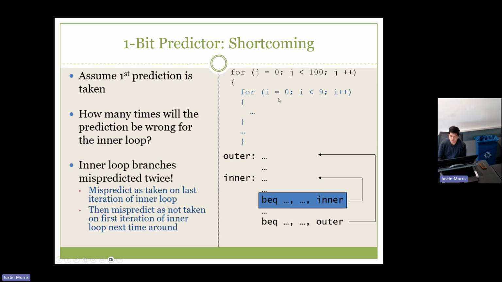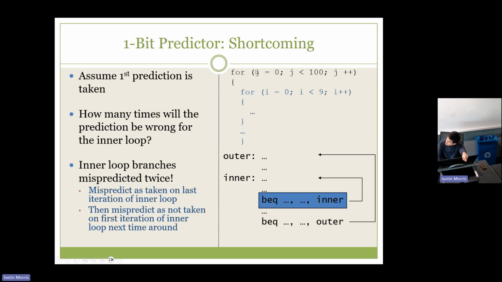But if we have this outer loop, the very first time we come here, the first prediction is taken, right? And then we loop 8 times and it's taken, but then on the 9th time, we're at the end of the loop, so it should be not taken. So now the history for this branch says I'm not taking.